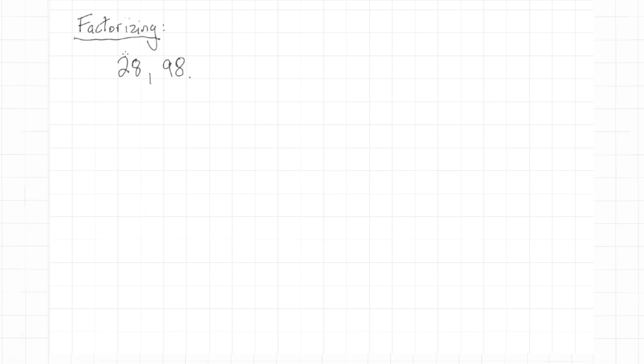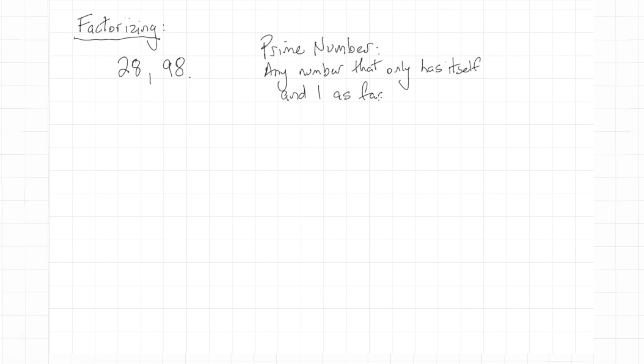So if you wanted to express 28 as powers of prime numbers, now a prime number is any number that only has itself and 1 as factors.